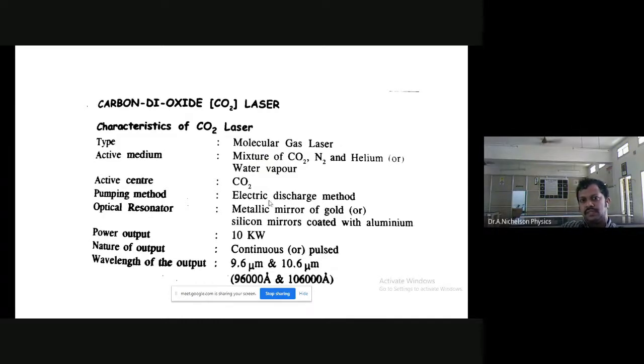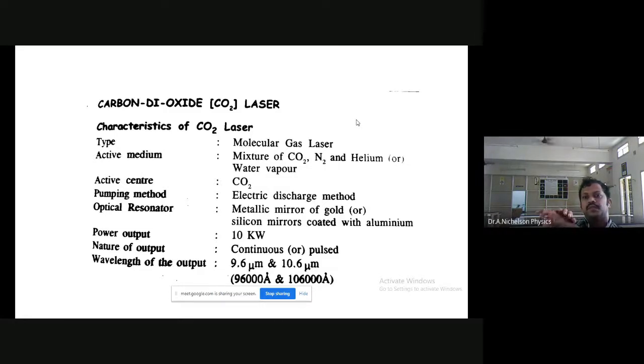As I said, it comes under the type molecular gas laser. Here the active medium involves a mixture of carbon dioxide, nitrogen, and helium. Otherwise, sometimes it may be replaced by water vapor.